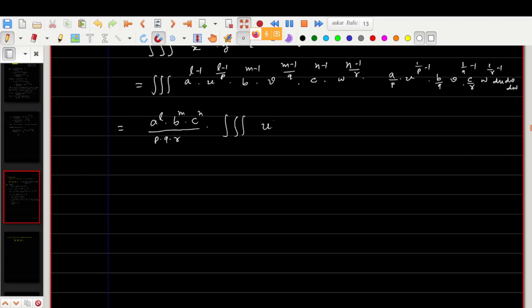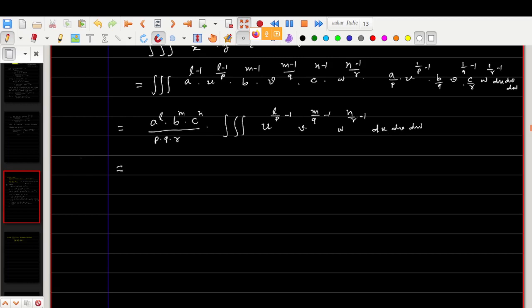So ultimately you are getting u power l by p minus 1, v power m by q minus 1, and w power n by r minus 1 du dv dw, right?